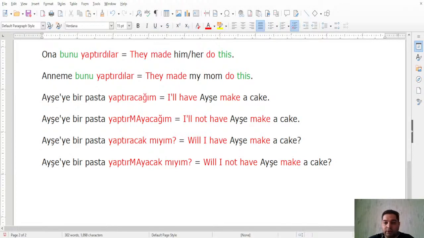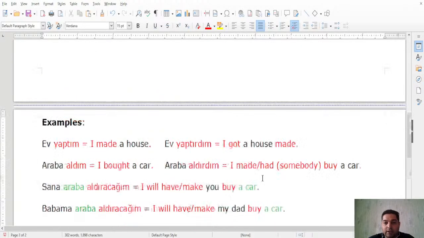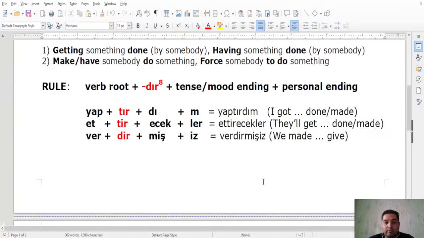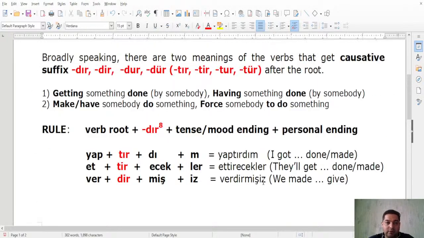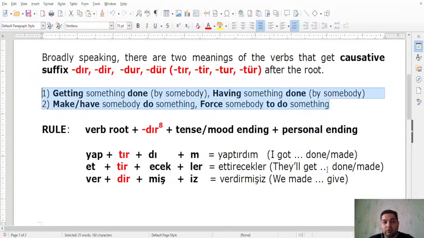I hope you will use it somewhere because it is a very commonly used structure, and you will hear many of these uses in the Turkish language. So again, don't forget, just to repeat: we have two possible broad meanings of that: having something done, getting something done, or make somebody do something, force somebody to do something.